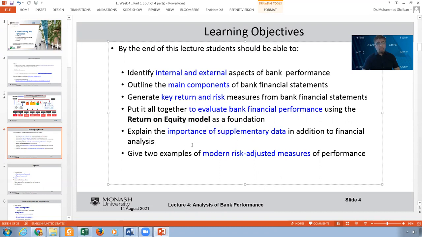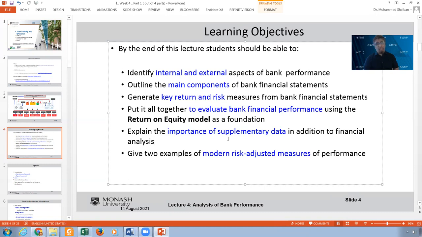And then we will talk about the importance of supplementary data. When you have financial reports, you will have the main data, which is coming through the financial statements: income statement, balance sheet, retained earnings, and cash flow statements. But then later on in any report, you will have so much information in the body of the report.